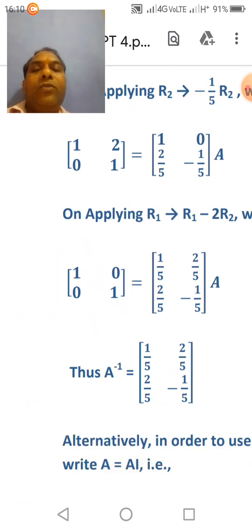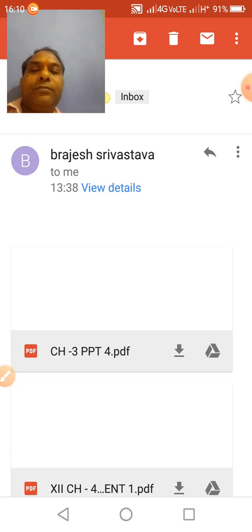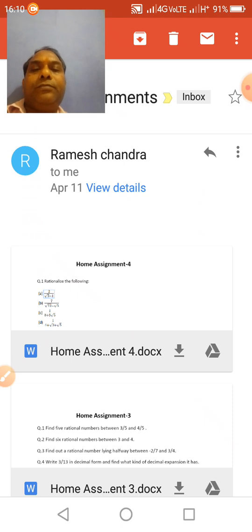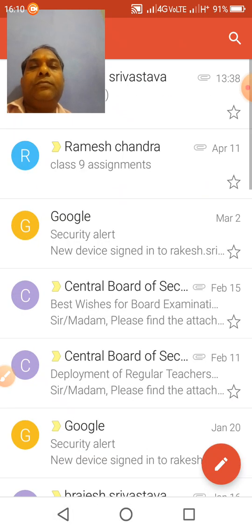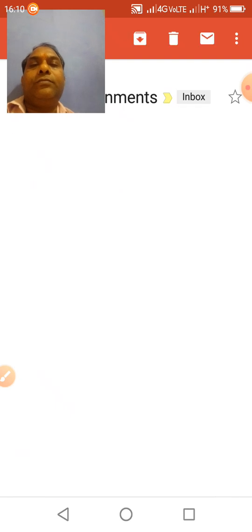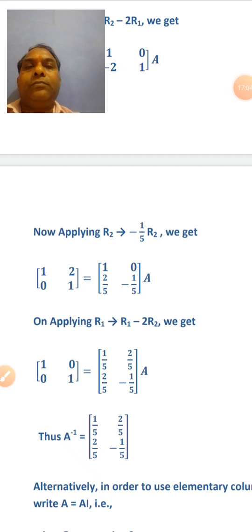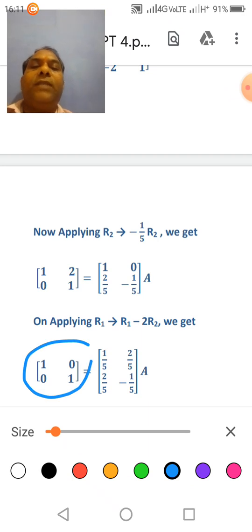Now we find here LHS is 1001. It means LHS is converted into identity matrix.